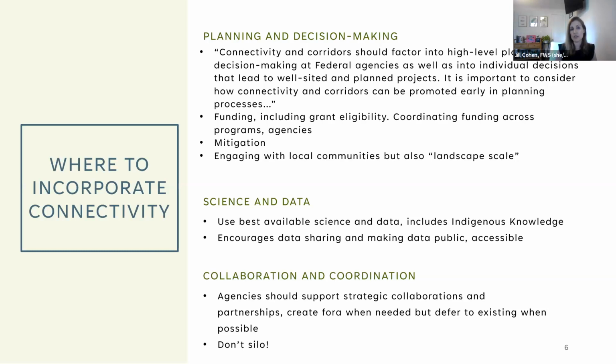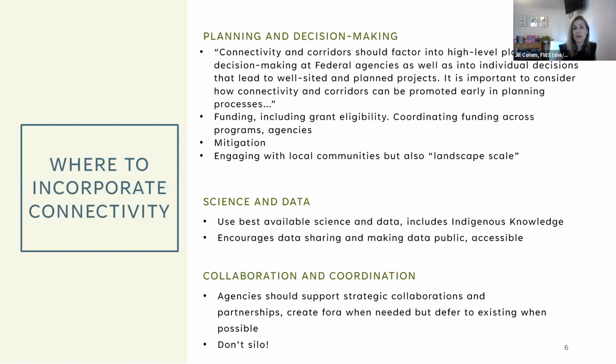It also encourages agencies to explicitly consider corridors and connectivity in their funding, which we just heard in the prior presentation, we are seeing with the America the Beautiful Challenge Fund already, with the Partners for Fish and Wildlife program, for example. So thinking about how we can more explicitly incorporate that into our funding decisions, and also coordinate that funding across different programs, across different agencies.